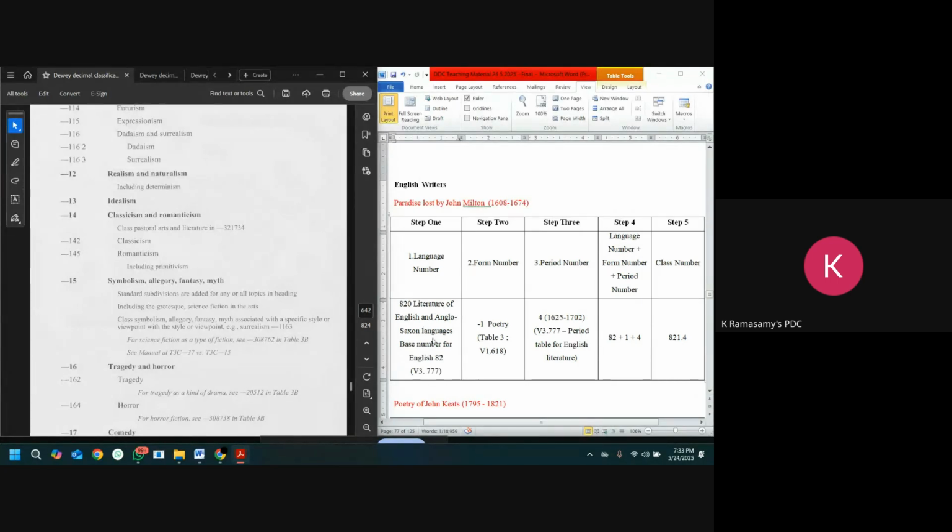What is the language number here? Base number 82. What is the form number? 1. What is the period number? 4, which stands for 1625 to 1702. This is taken from the English period table, which I'll show you once this screen becomes active. Okay. So only 3 points to form numbers for individual literary works of individual authors. You can use it. Okay.